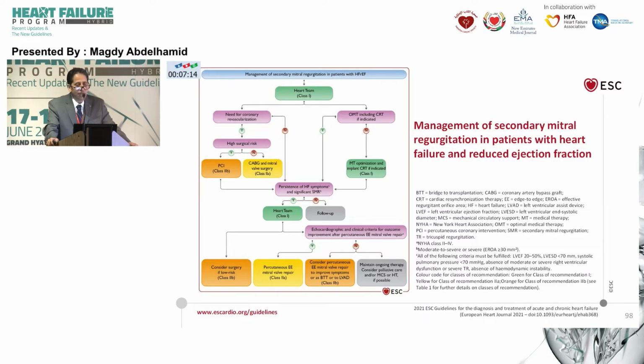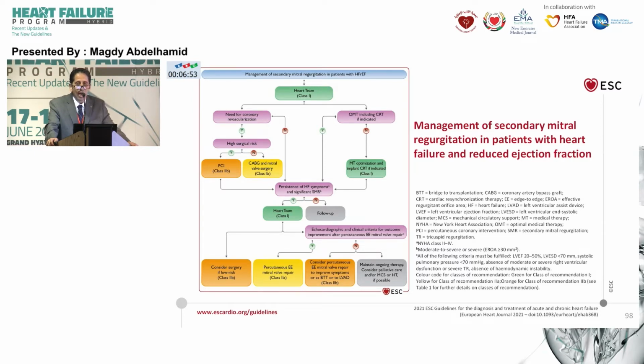And the interesting therapeutic algorithm for management of functional mitral regurgitation: the heart team approach is a class 1A recommendation. If the patient is a candidate for revascularization with low surgical risk, then CABG and mitral valve surgery is recommended, which is class 2A. And if the patient is at high surgical risk, then PCI is a class 2B recommendation.